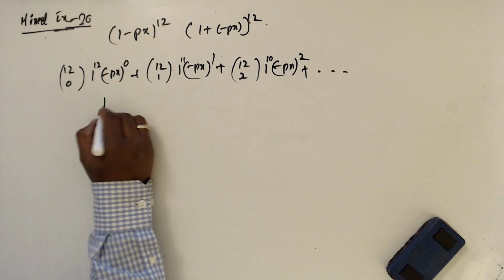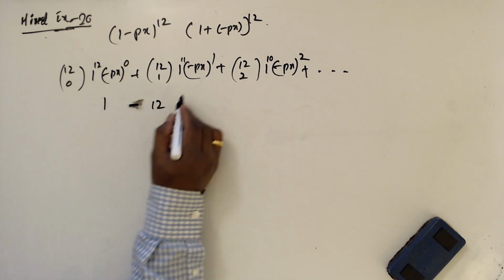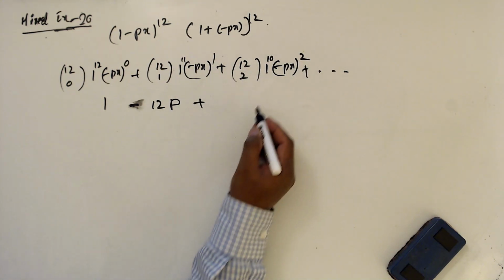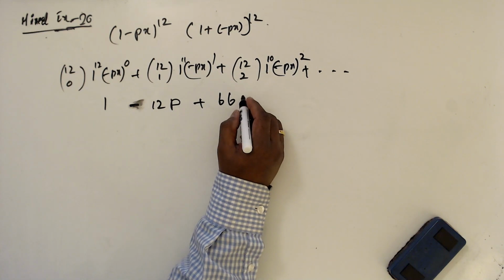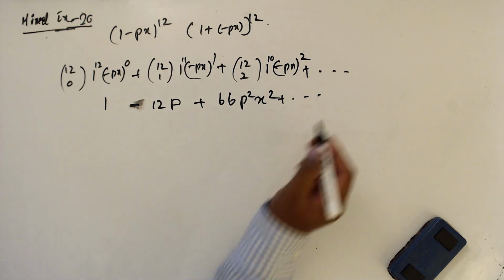So this is going to be 1, and this is minus 12px, and this is going to be plus 66p square x square plus dot dot.